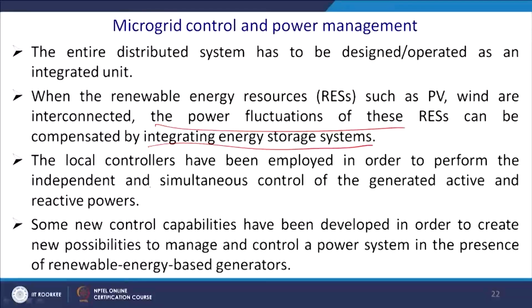The local controllers have been employed in order to perform independent and simultaneous control, and they generate the active and reactive power, and new control capabilities have been developed in order to create new possibilities to manage the control and the power system in the presence of the renewable energy system. So, there are also some challenges for proper control and power management in the case of the DC microgrid.